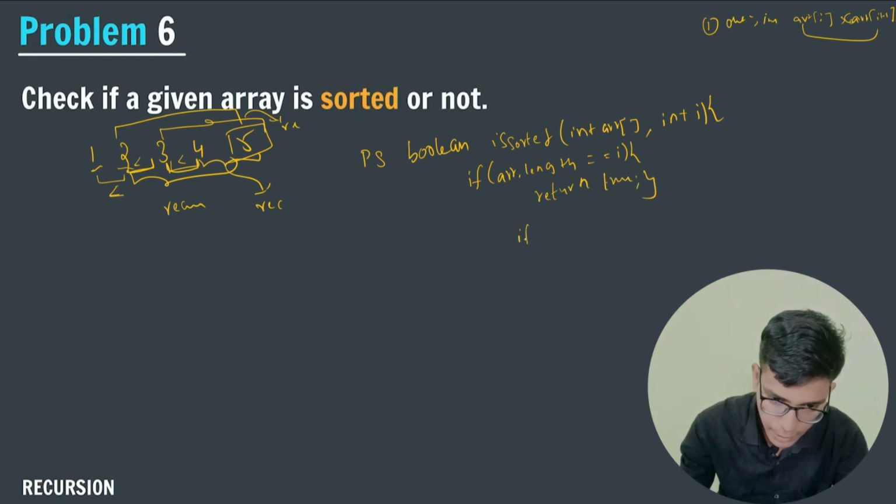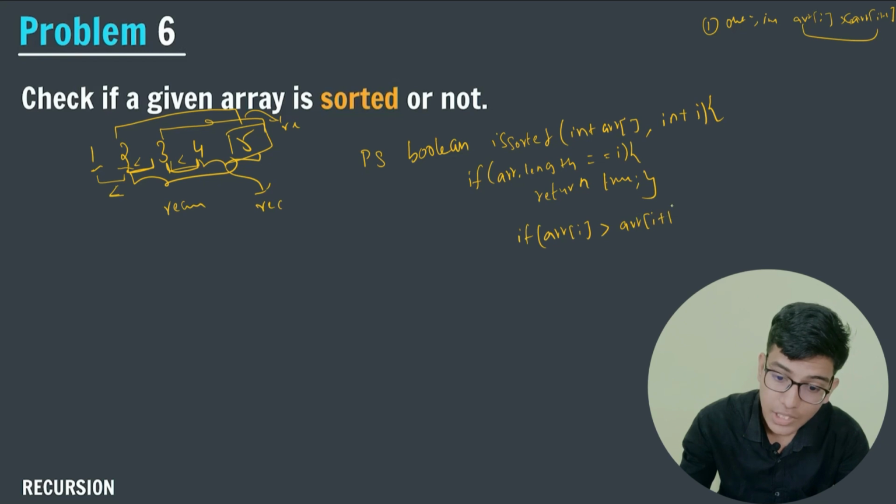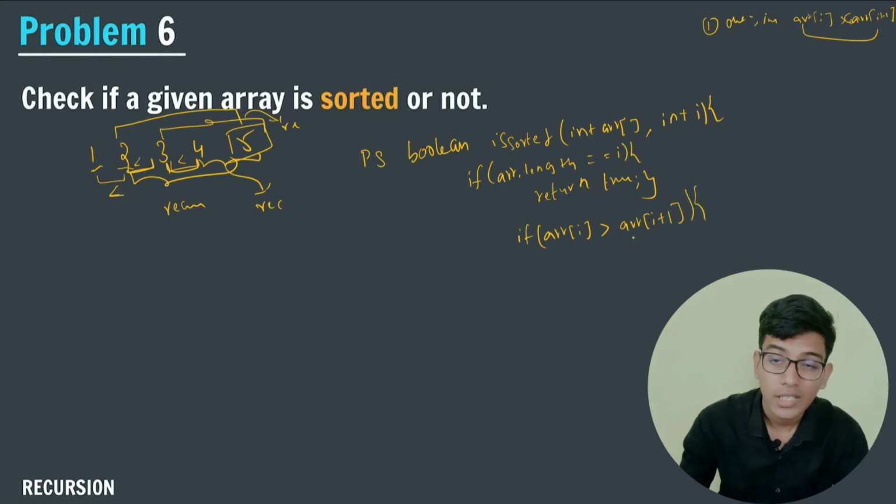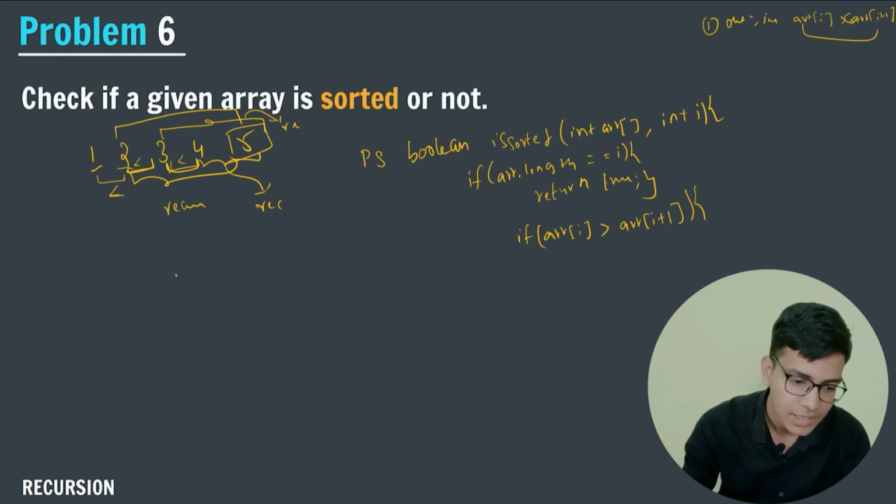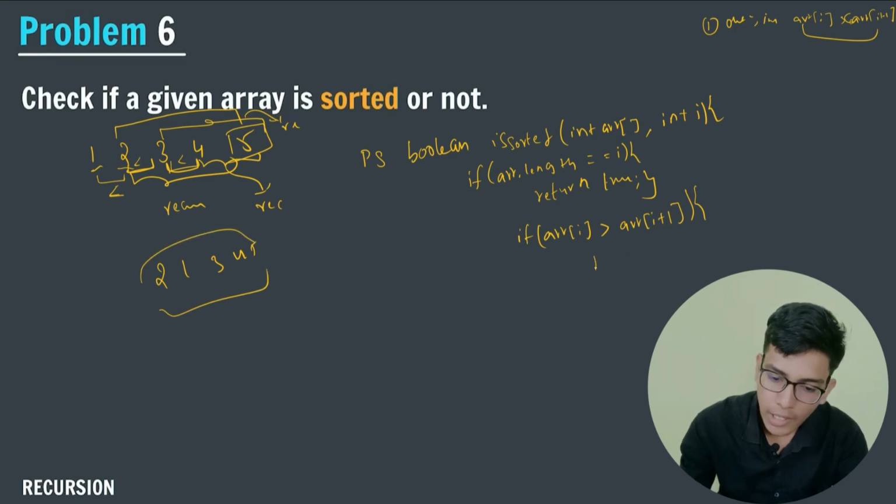After it I'm checking if arr of I is greater than arr of I plus 1. If this condition is true, then it means that the given array is not sorted. If we get a condition like this, then we will return false.